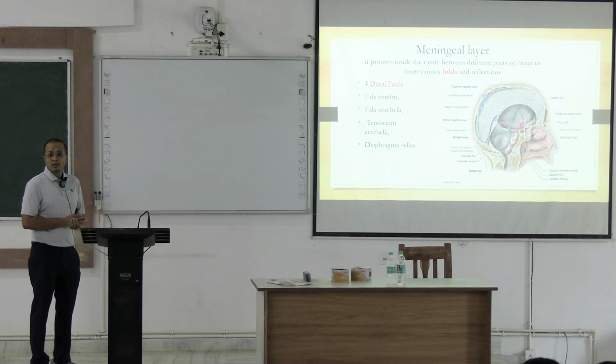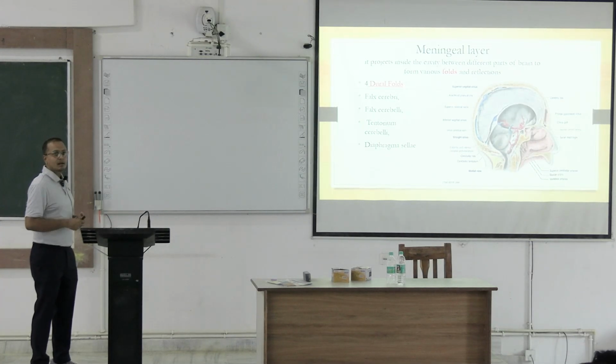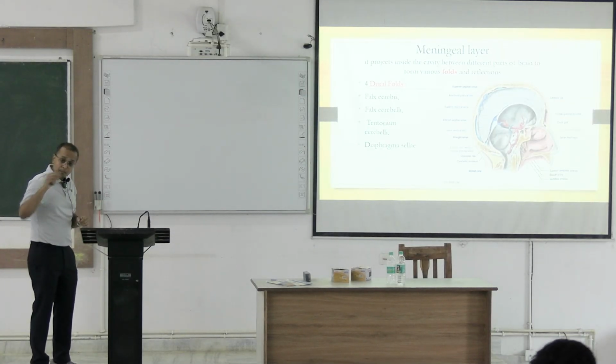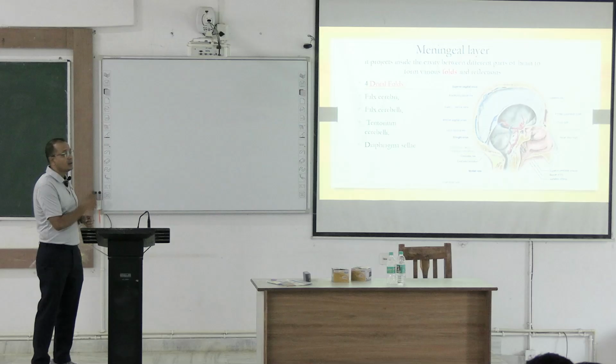The dura mater has two layers with different names. The outer layer we call the endosteal layer, the inner one we call the meningeal layer. That meningeal layer goes into some kind of folds, which in general we call dural folds.